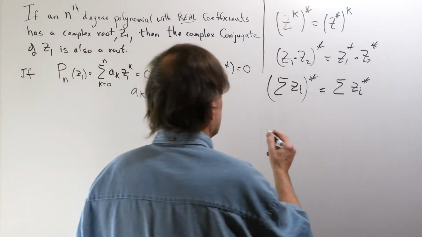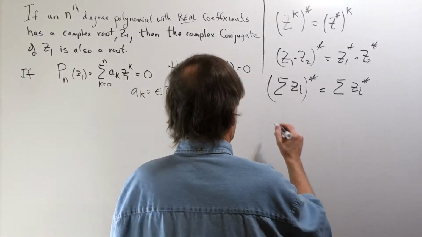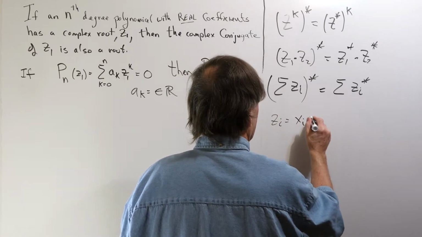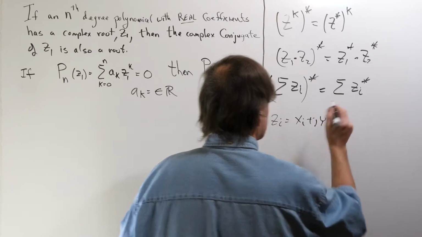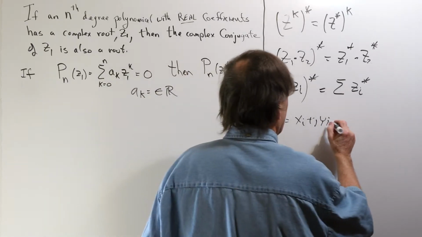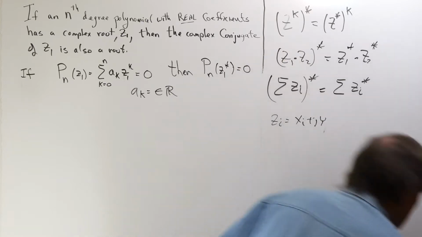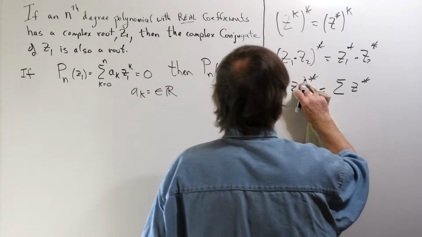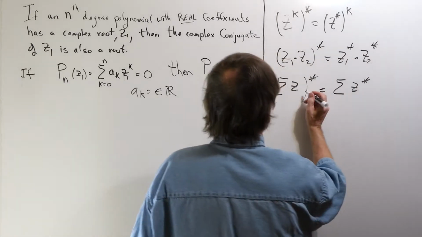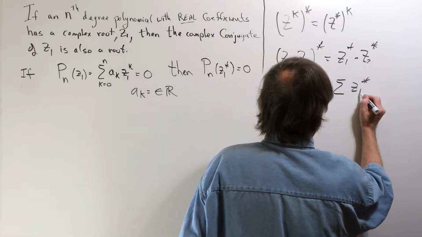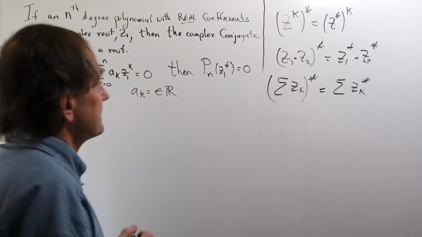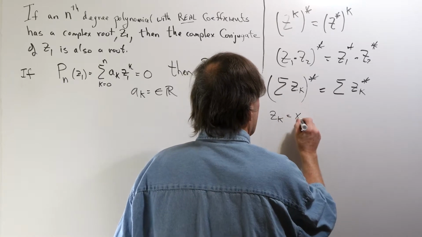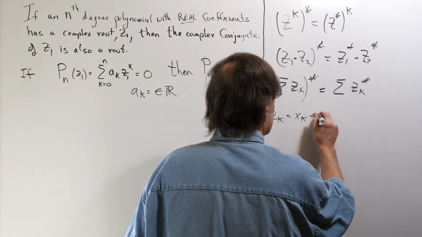Well, we can look at it this way. We can write z sub i's as x sub i plus j y sub i, or let's call them k's, so I don't mix up indices with the unit imaginary. We'll call it z sub k's. Now, z sub k can be written as x sub k plus I or j.